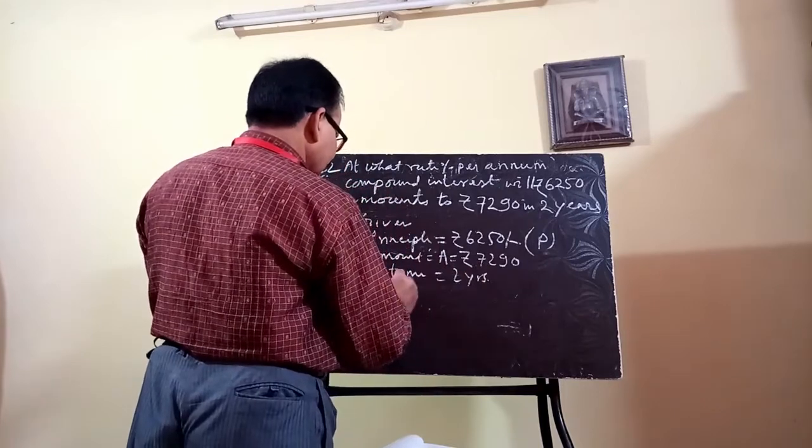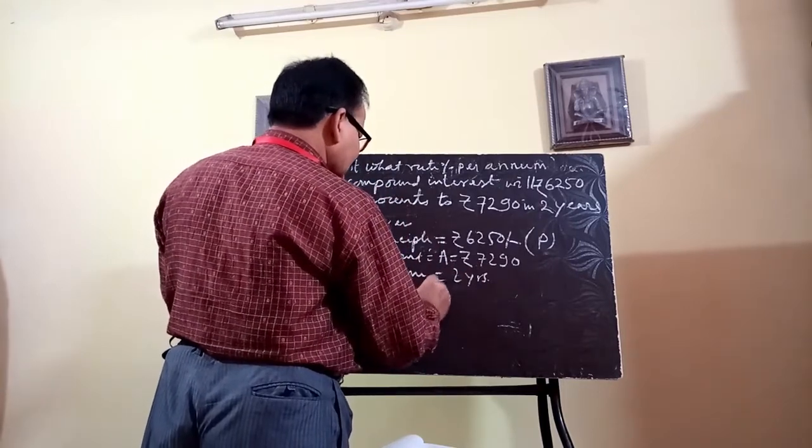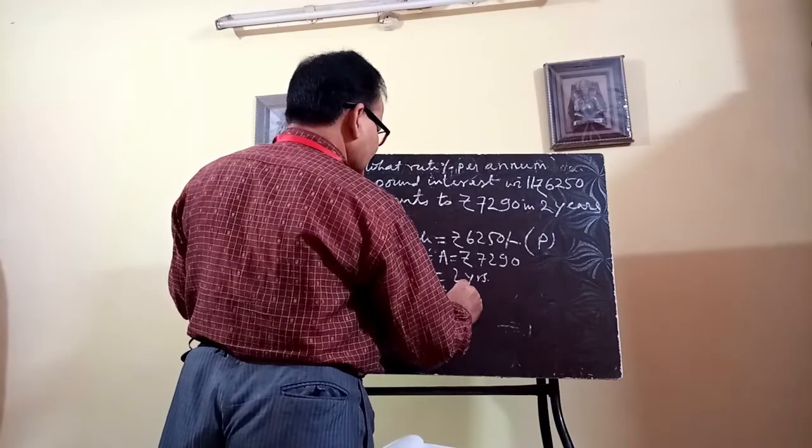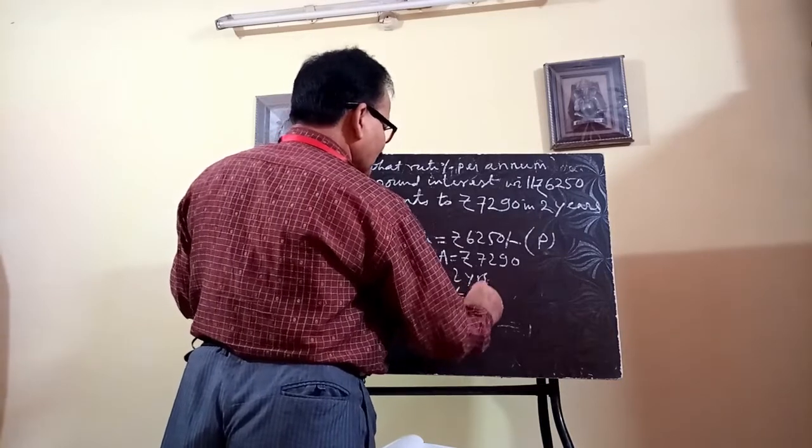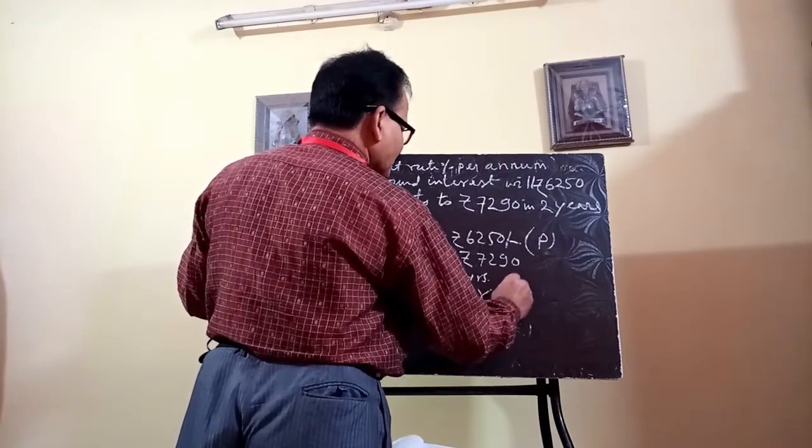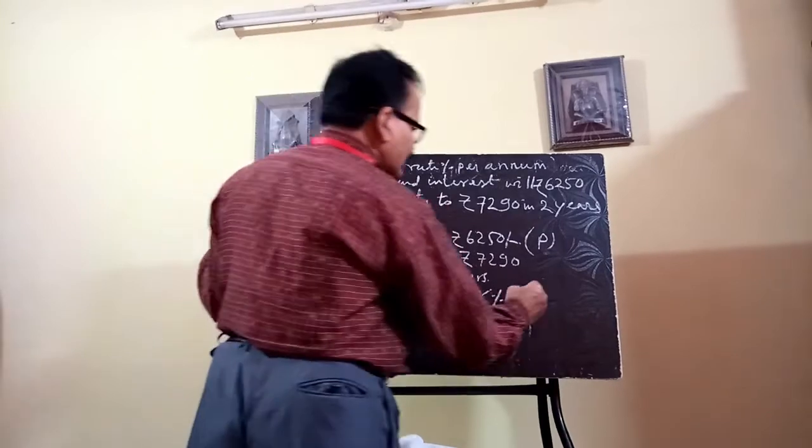So the rate percent is R percent per annum, and it is compounded annually.